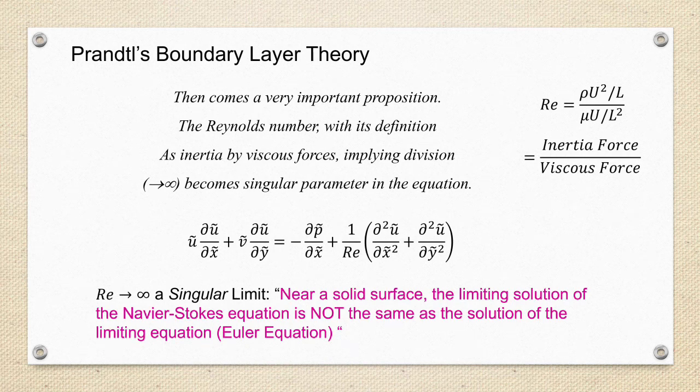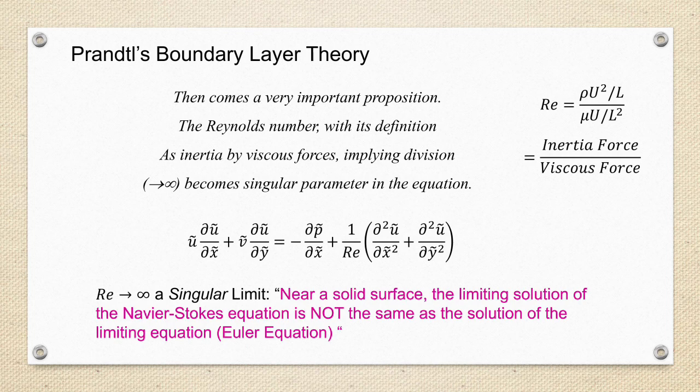The singular limit implies that if you take the full Navier-Stokes equation, find its solution, and take the limit as you approach the surface, or y tends to 0, it is the limit of the full solution, obtained by solving the Navier-Stokes equation without any approximation. That is called the limiting solution of the Navier-Stokes equation.